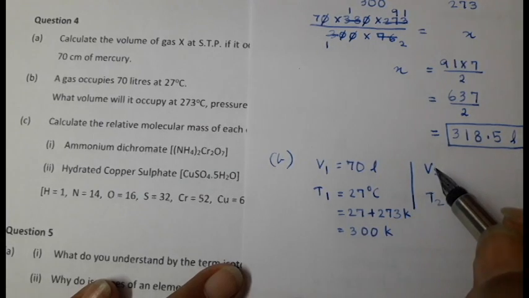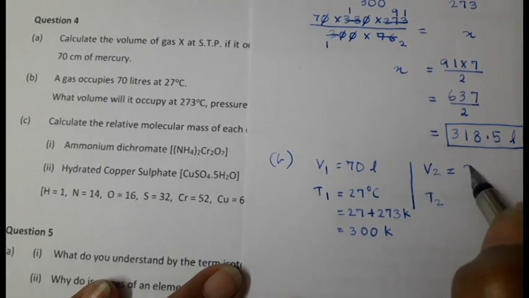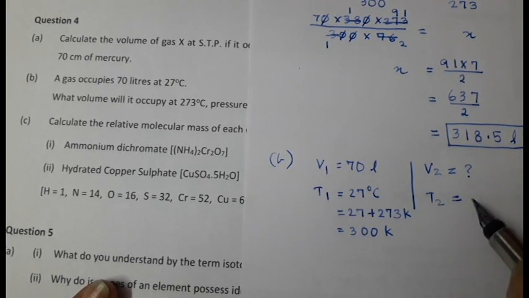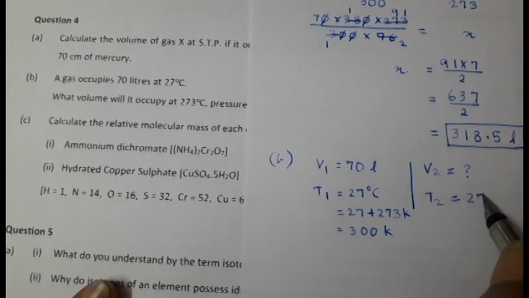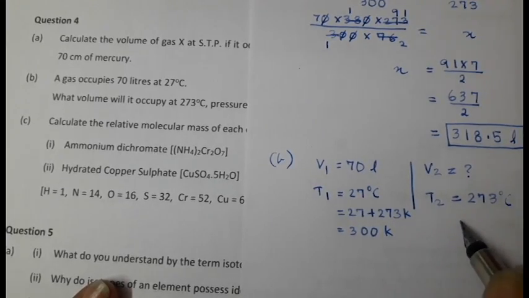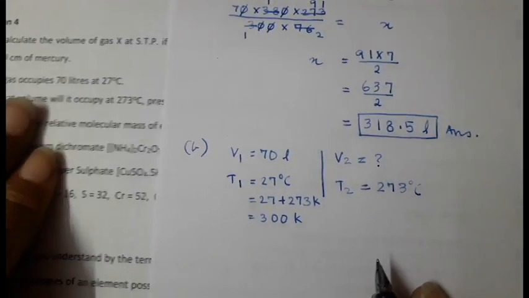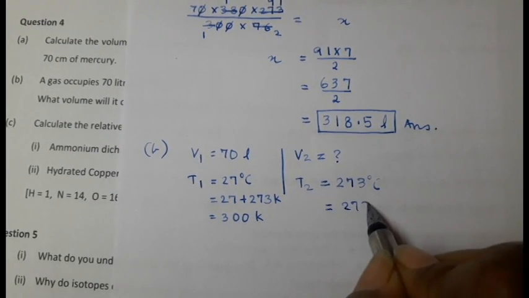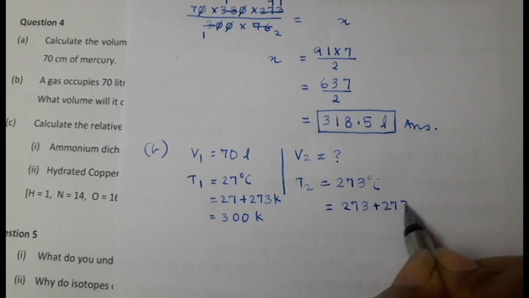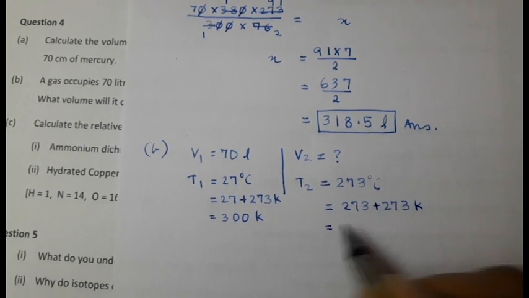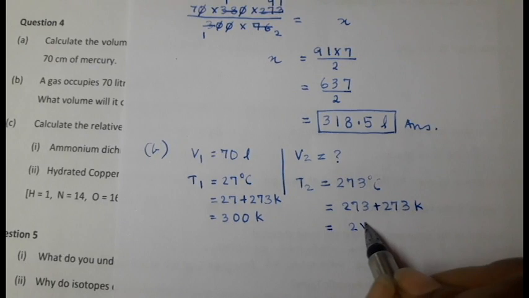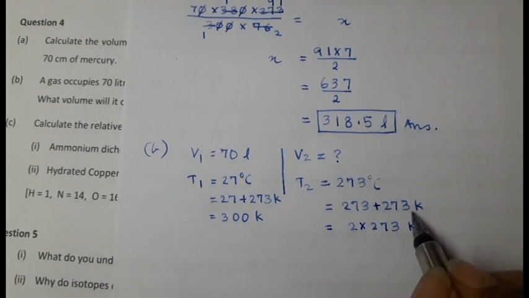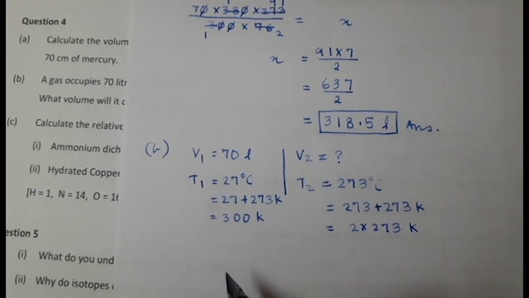They are asking what volume will it occupy, which means V equal to how much, and temperature is 273 degrees C, which means now 273 plus 273 Kelvin, which is going to give you 2 into 273 Kelvin. Now deliberately I am not adding because this is going in our calculations.